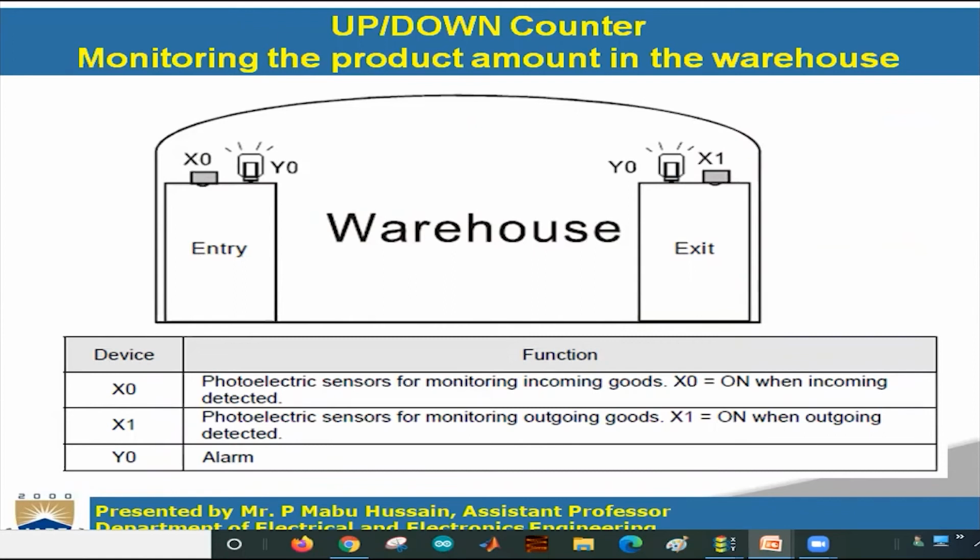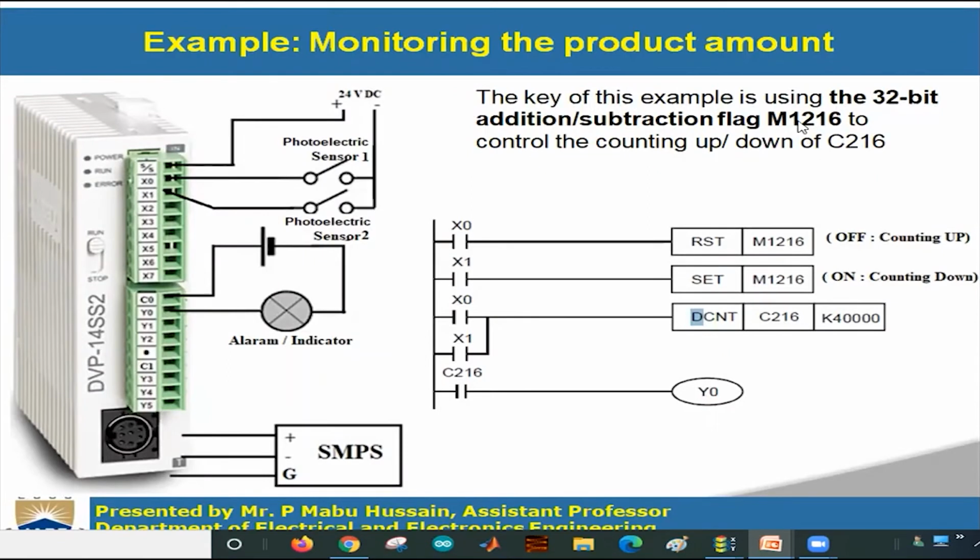So M1216 has to be off. Whenever X0 is on, you have to reset M1216, right? Then this C216 will count its value up by 1.